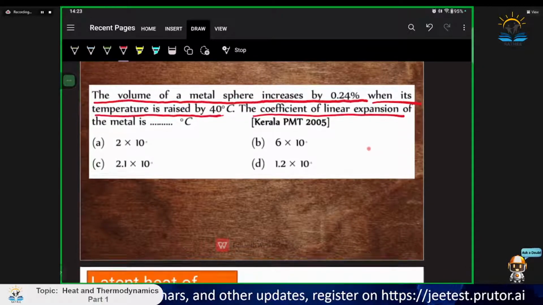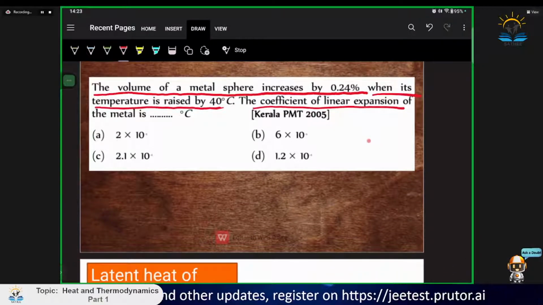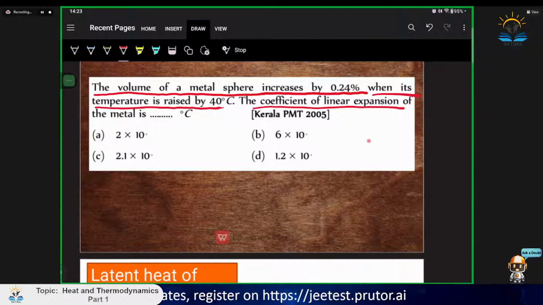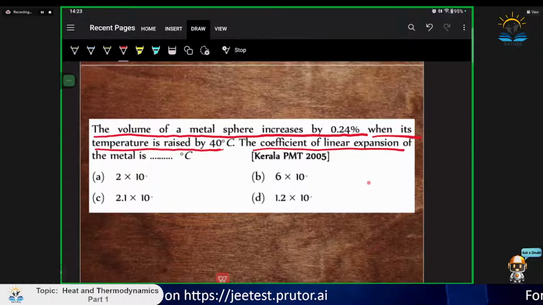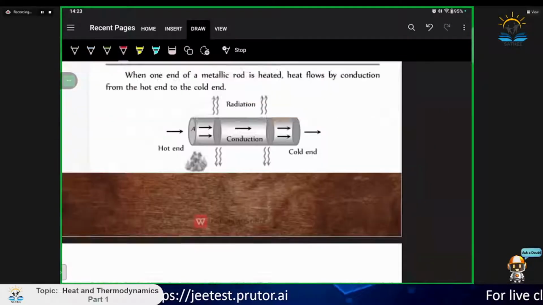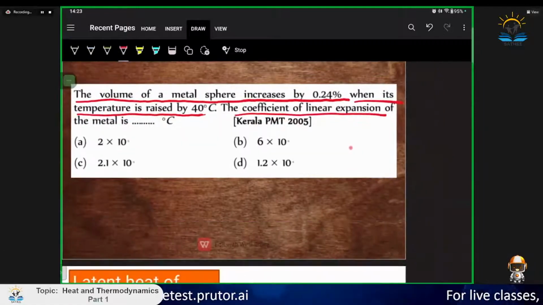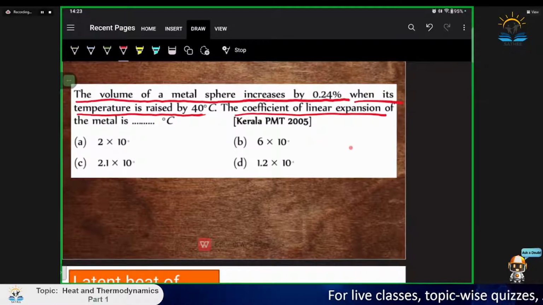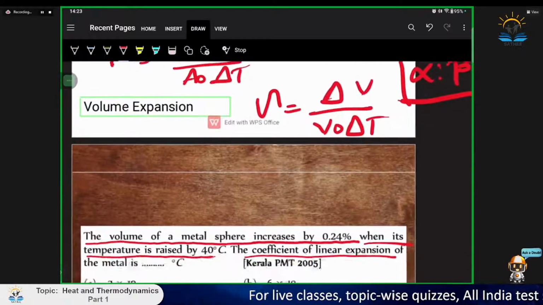Okay, fine. So what is actually given? The volume of the metal sphere is increased by 0.24 percentage. So it is actually given which one? Volume expansion.